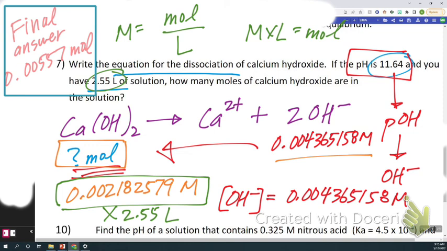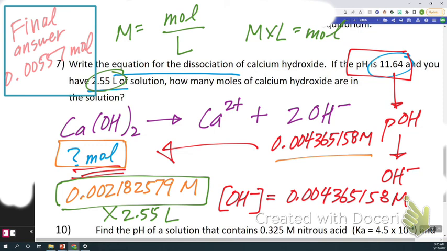Amazing. So that's the final answer and you have to do all that. So pH, change to pOH, go to OH-. That is OH-. Okay, that's great, but you're going to start with half of that in Ca(OH)2. They wanted moles of Ca(OH)2.